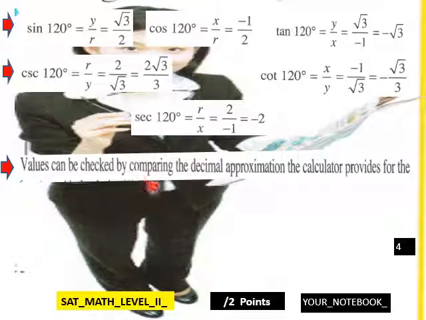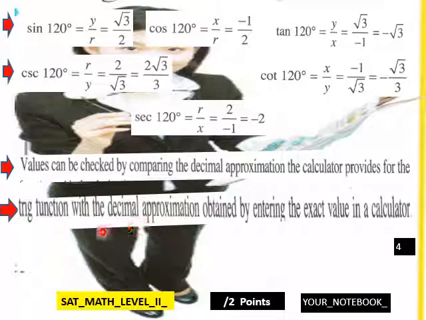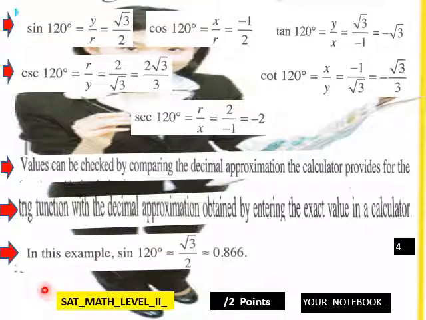Values can be checked by comparing the decimal approximation the calculator provides for the trig function with the decimal approximation obtained by entering an exact value in a calculator. In this example, sine 120 equals square root of 3 over 2, which comes out to about 0.866.